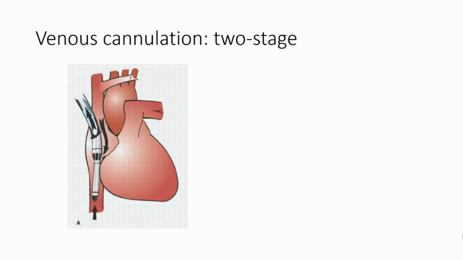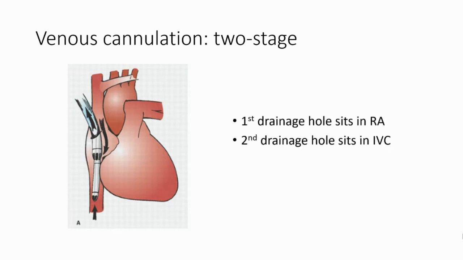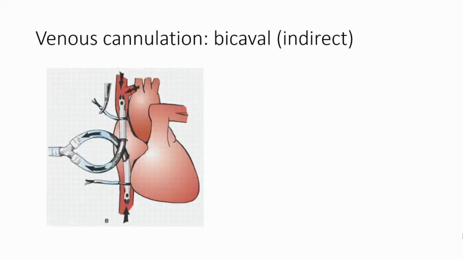And once you've placed it into the inferior vena cava, there'll be 1 hole in the IVC, which will drain the IVC, and then you'll have another hole that sits in the middle of the atrium itself, draining the remaining venous return coming from the superior vena cava. Note, in this particular format, there is no direct drainage of the superior vena cava.